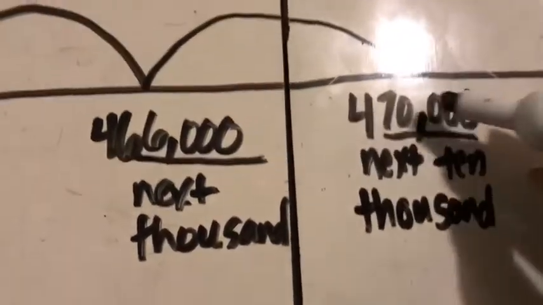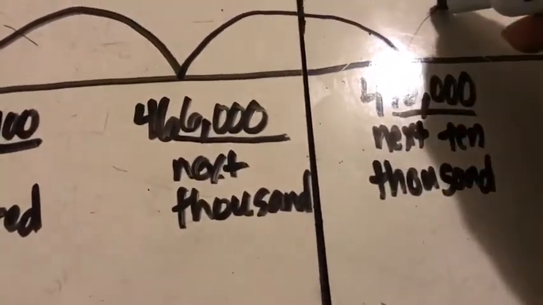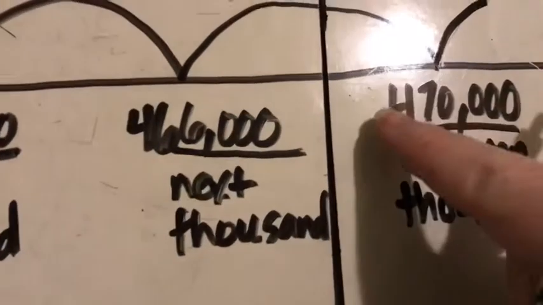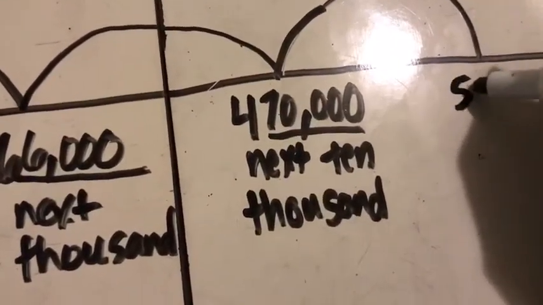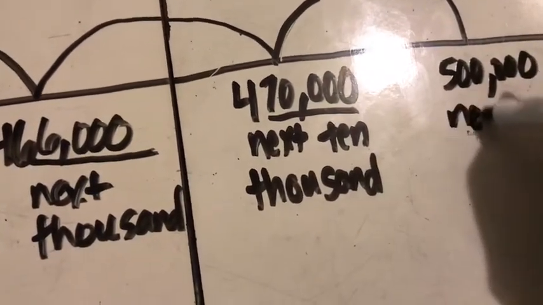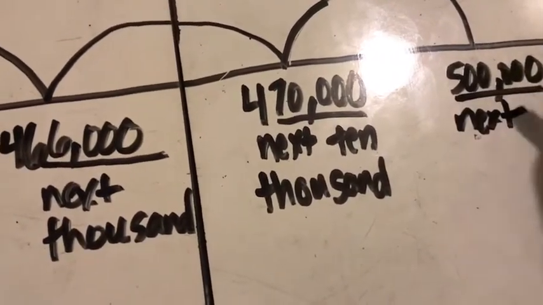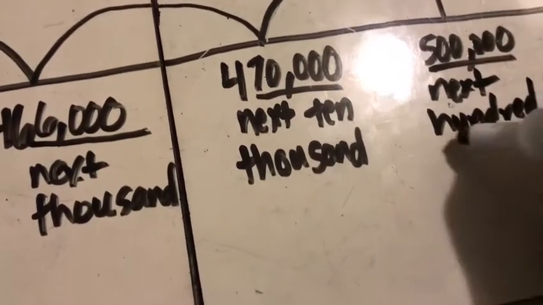All right. Now that I'm to my next 10,000, I want to get to the next 100,000. Since I'm at 400,000, the next 100,000 after that would be 500,000, and that is my next 100,000.